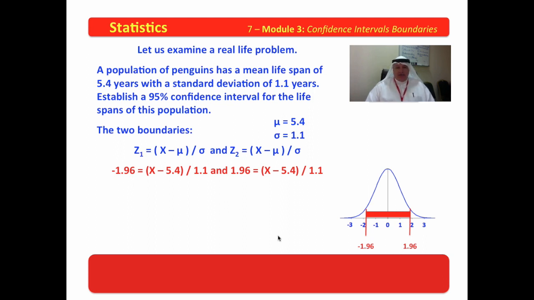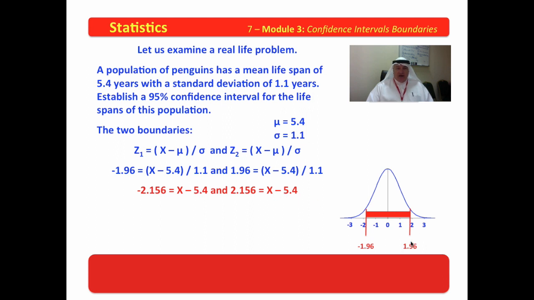Negative 1.96, that's z1, equals x minus 5.4 divided by 1.1, and 1.96, this z-score, is equal to x minus the mean, 5.4, divided by the standard deviation. The first thing we will do here is multiply both sides by 1.1, and when we do that, we now have negative 2.156 equals x minus 5.4, and 2.156 equals x minus 5.4.